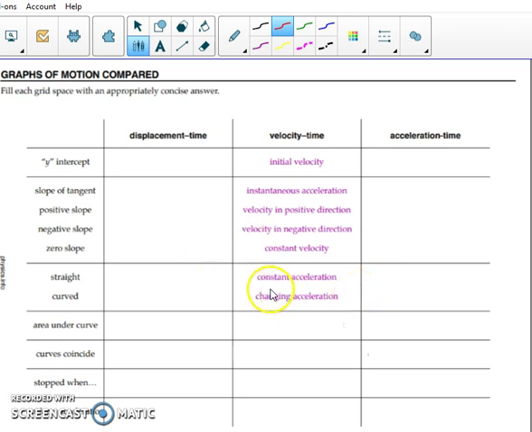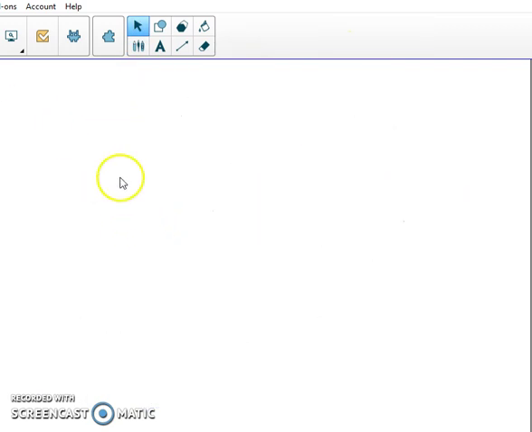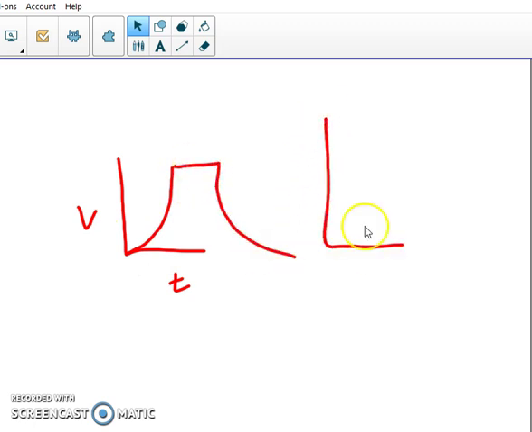So we will never see changing acceleration, meaning we will never see a velocity versus time graph curve. Velocity versus time graphs will always have a positive, negative, or flat slope, always.